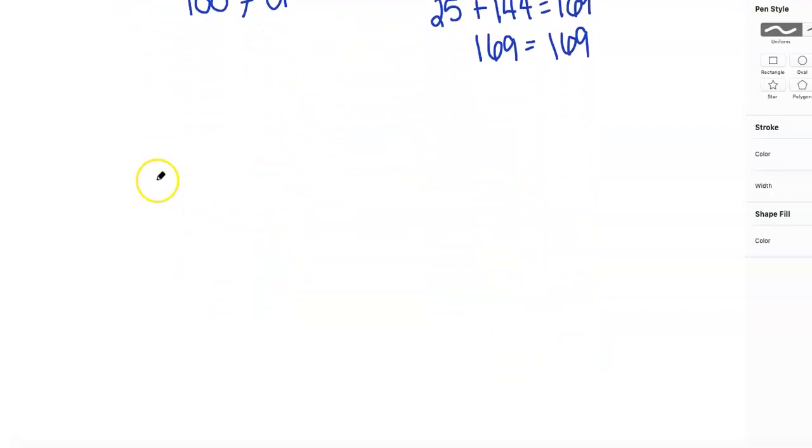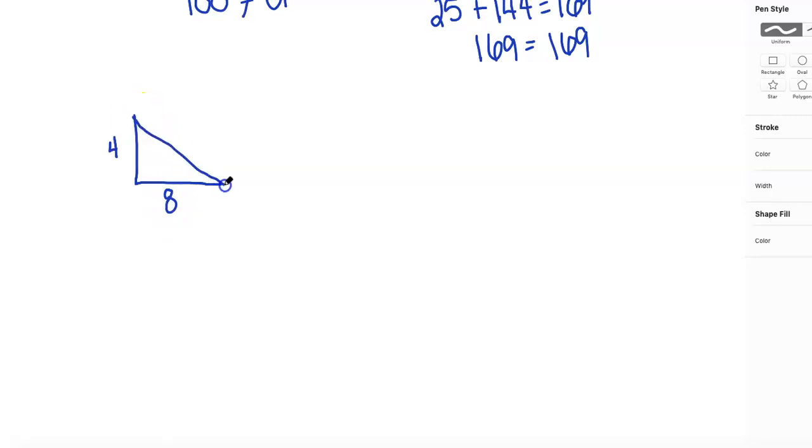Okay, so the next type of equation is where you are missing a side length. Okay? For these problems, I'm going to give you the two legs. So I'm going to give you leg A is 4 and leg B is 8.